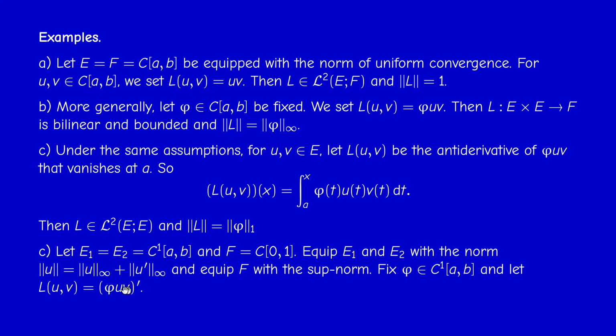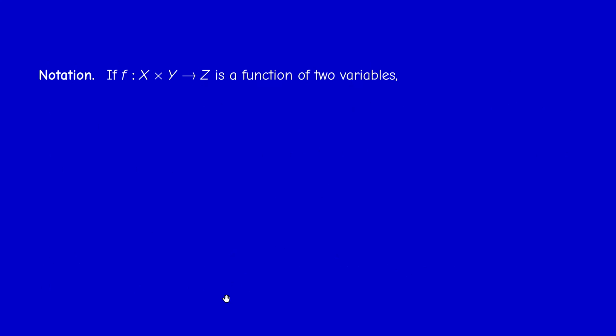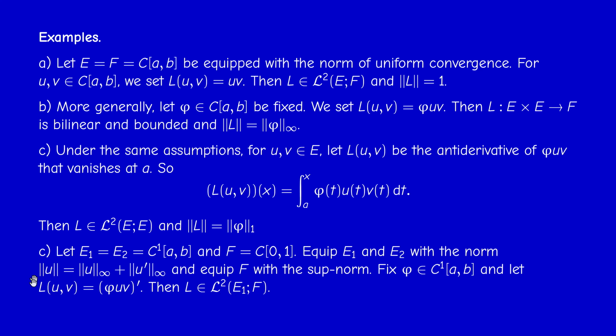Okay, so this is easily checked to be a bilinear map, but it's not linear once again. So it maps E1 times E2 into F, because the derivative of a C1 function is continuous, and it's bounded as well. So it's bilinear and bounded. And I didn't try to compute actually the norm of L. You can do it if you like. If you want to compute the norm of L, start by taking phi equal 1 to see what's happening. Okay.